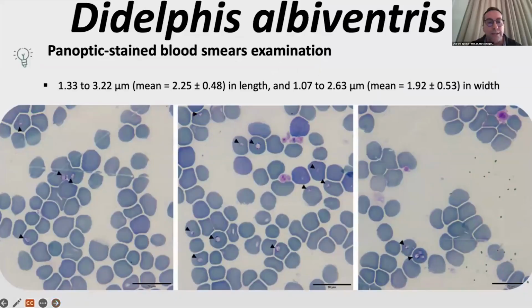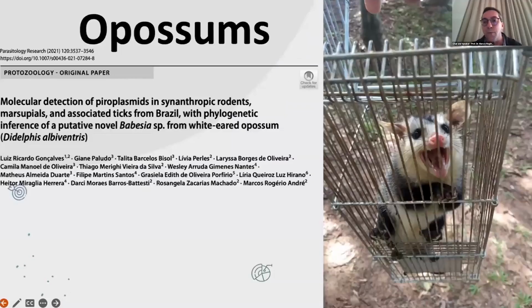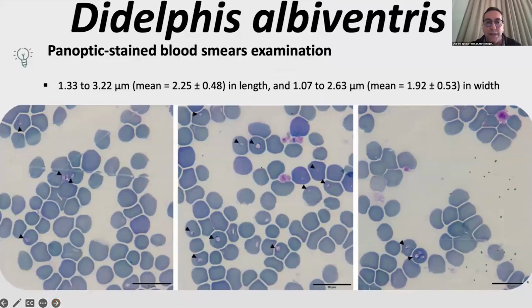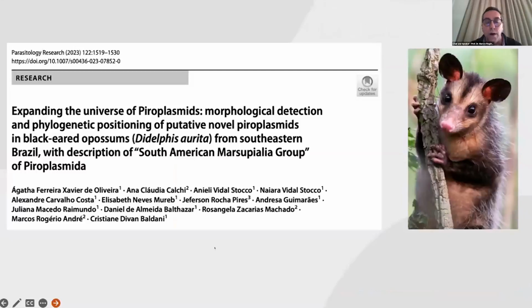We collected blood samples from Didelphis albiventris, which is this guy, from central western Brazil. During the examination of blood smears, you can see here that we found trophozoites inside the red blood cells of these animals.